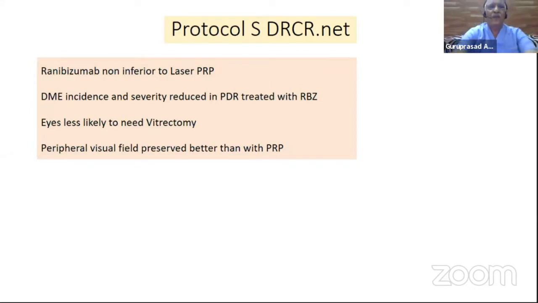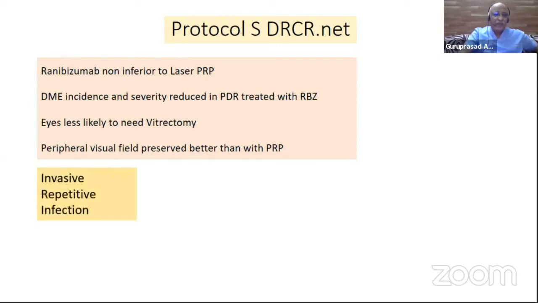drcr.net, they found that ranibizumab was non-inferior to laser PRP. The incidence and severity of DME was reduced in PDR when it was treated with ranibizumab. Eyes treated with ranibizumab were less likely to need vitrectomy, and peripheral field preservation was better with ranibizumab than with PRP.